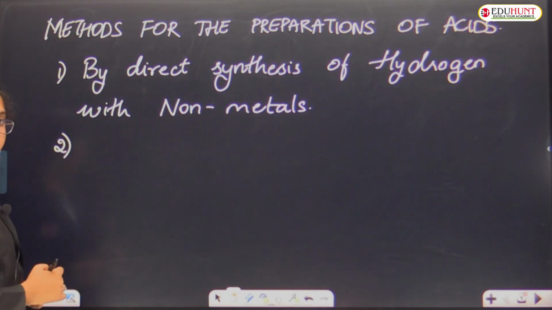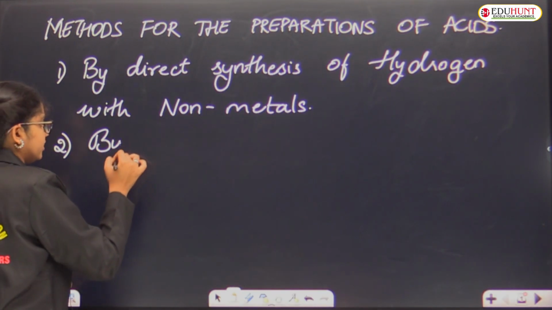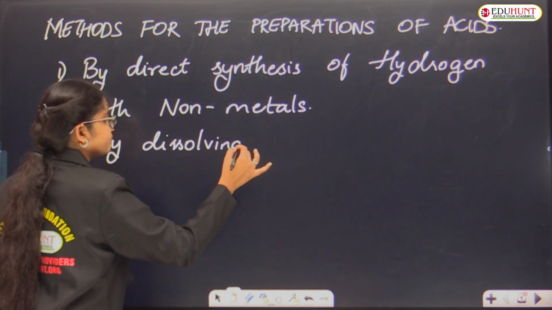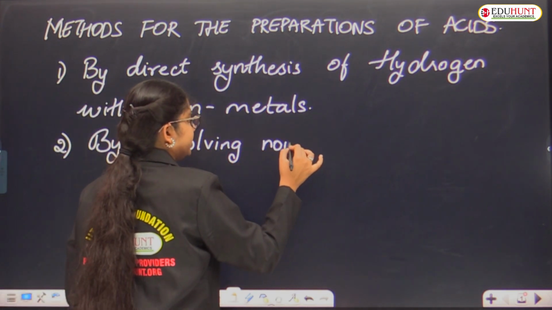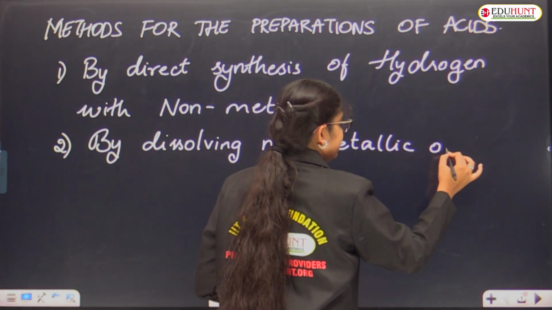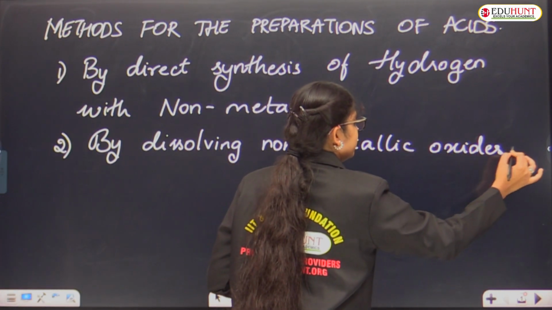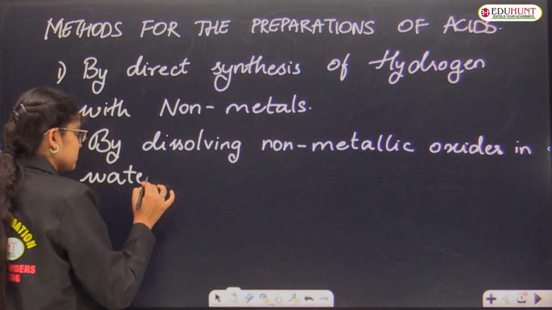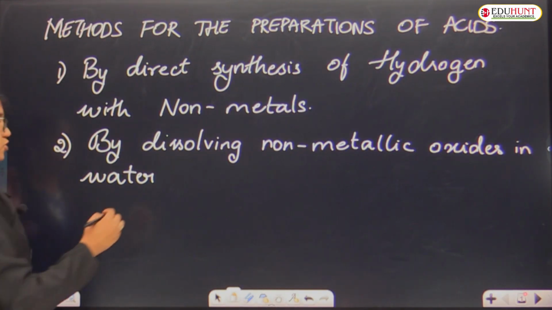What's the second method, children? By dissolving non-metallic oxides in water. This is the second method for the preparation of acid.